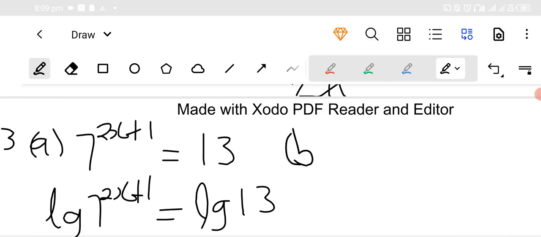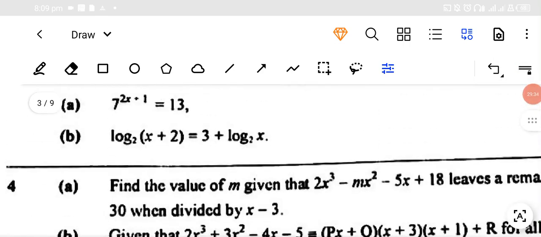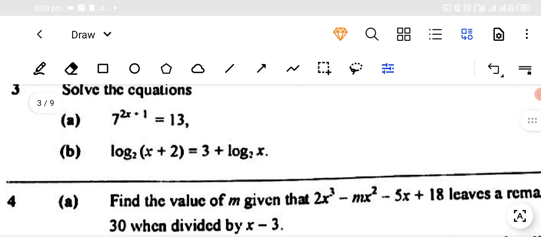And then you have your b here. Your b proceeds as follows: log base 2 of x plus 2 is equal to 3 plus log base 2 of x.